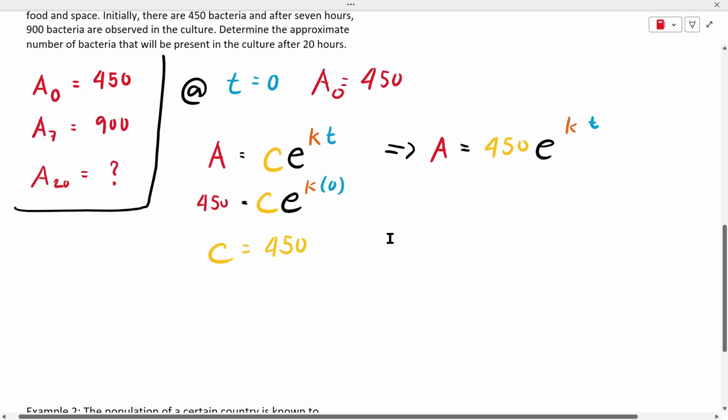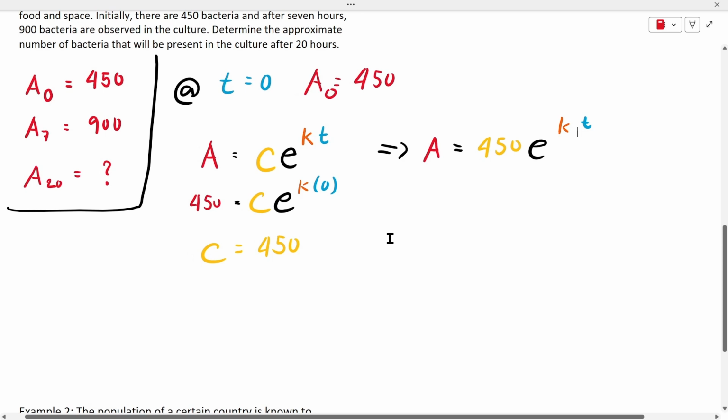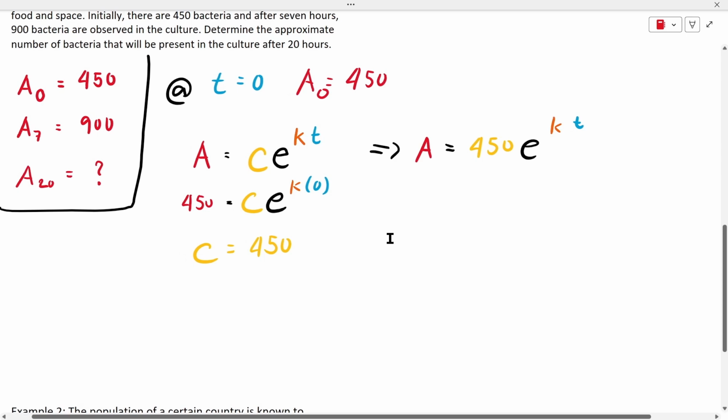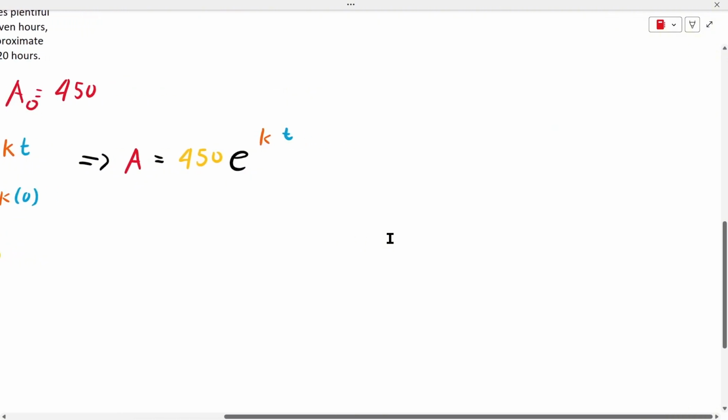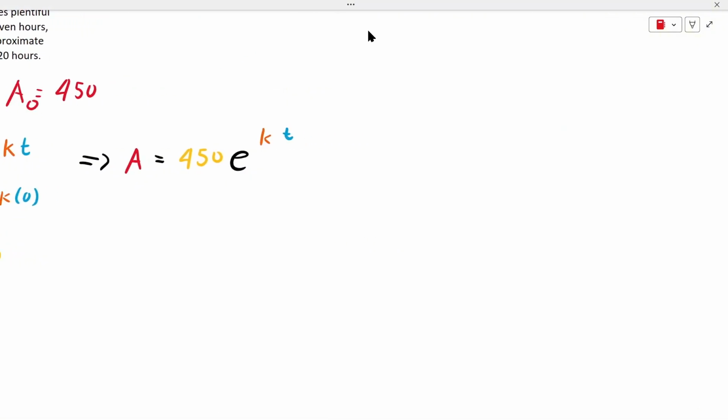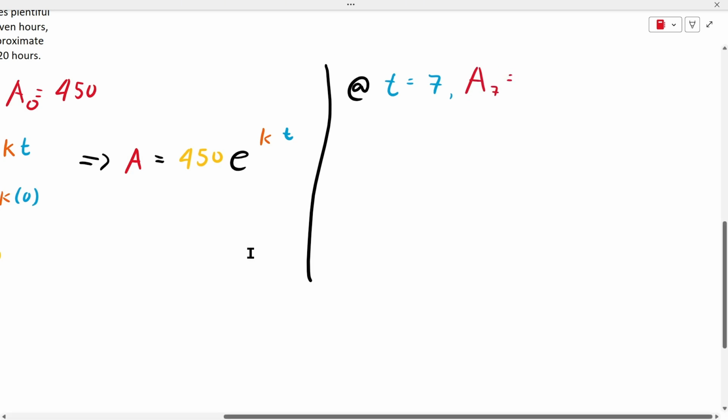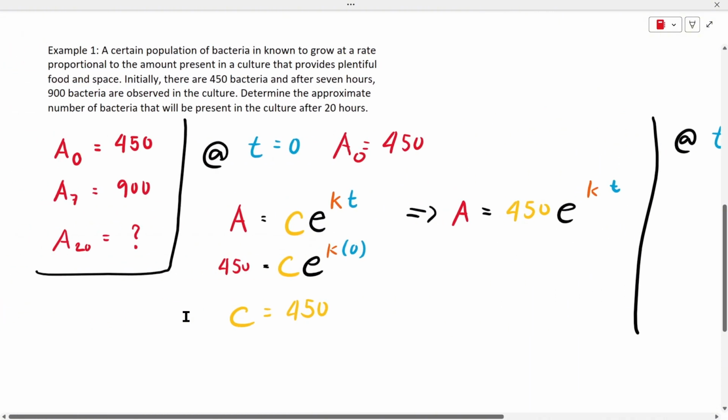Next, let's now find the value for k, the proportionality constant. We'll be using this given: at time 7, the amount of bacteria is 900.